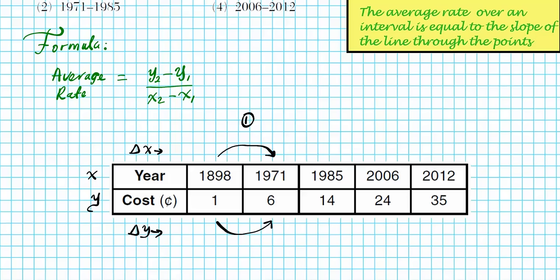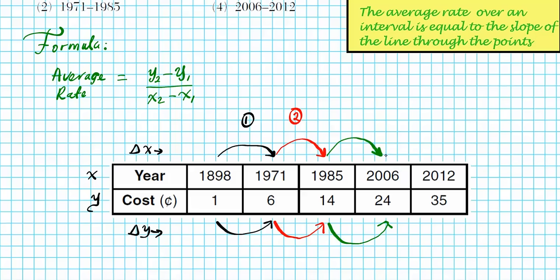And then interval 2 will be from 1971 to 1985, and the cost is x2 minus x1, 14 minus 6. This is interval 2. And then interval 3 is 1985 to 2006, change in x over change in y.